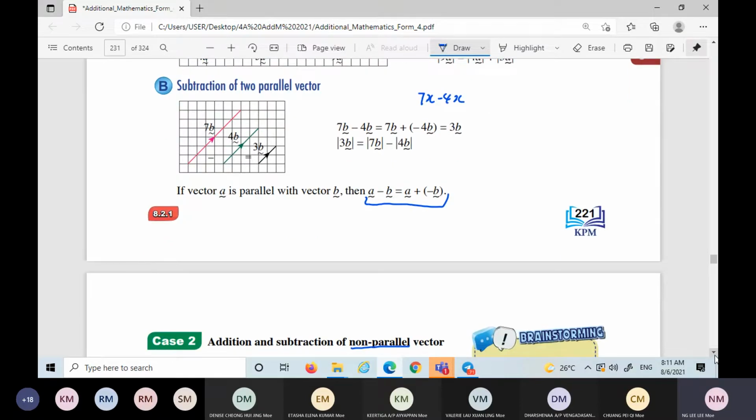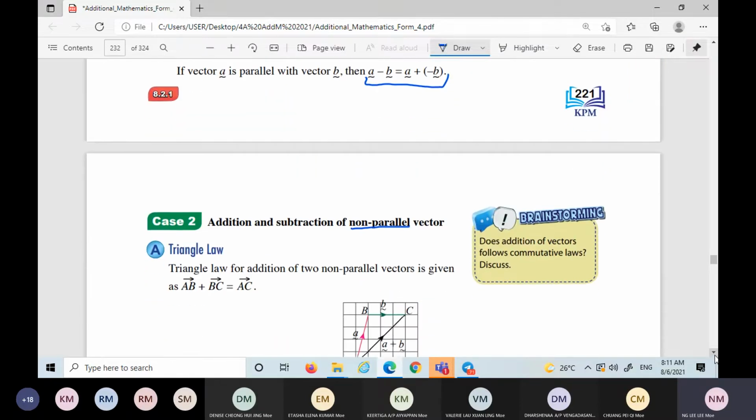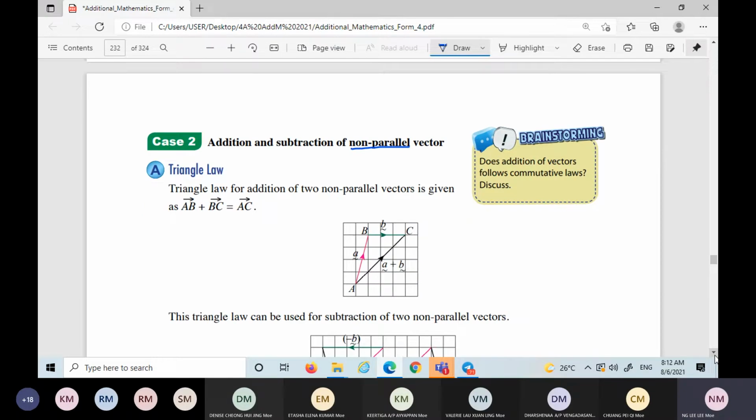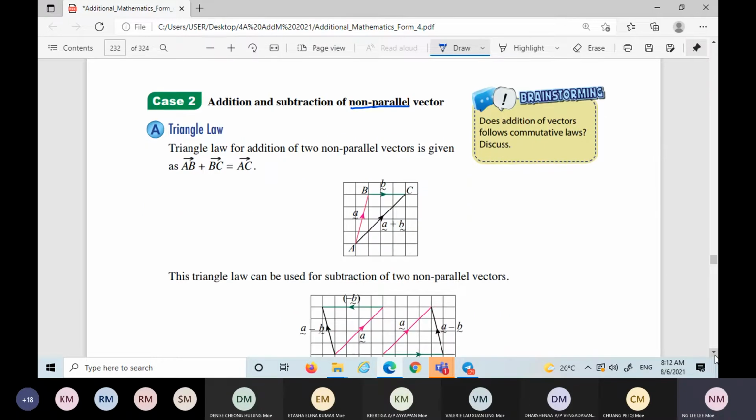Now we come to non-parallel vectors. For non-parallel vectors, there are three ways of doing it. Actually, only two ways, because the polygon law actually comes from the triangle law. Why we have the polygon law is because we have more than two vectors combined.